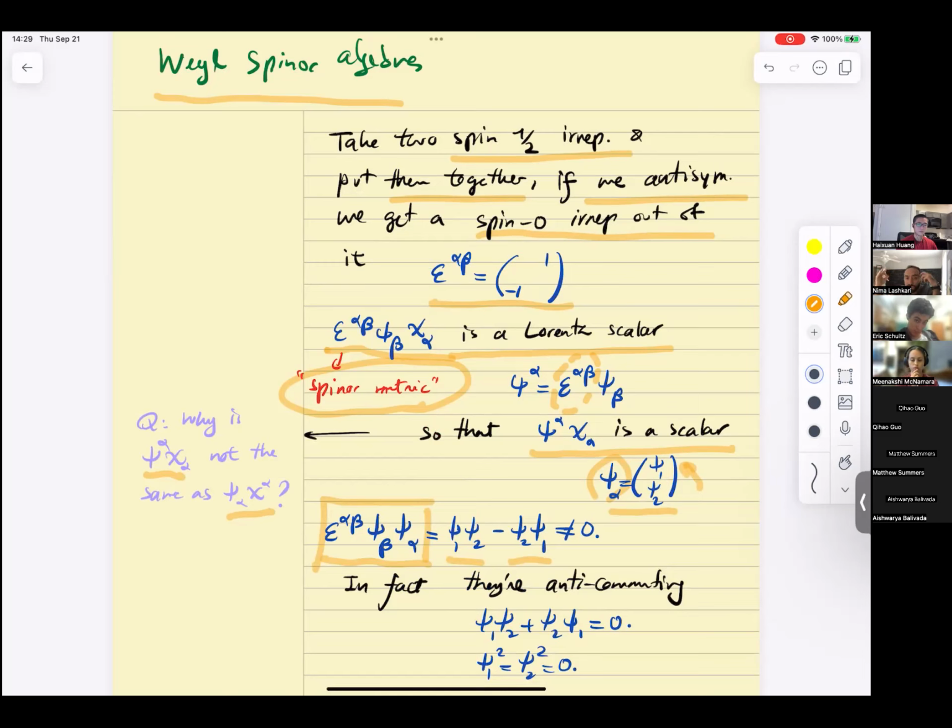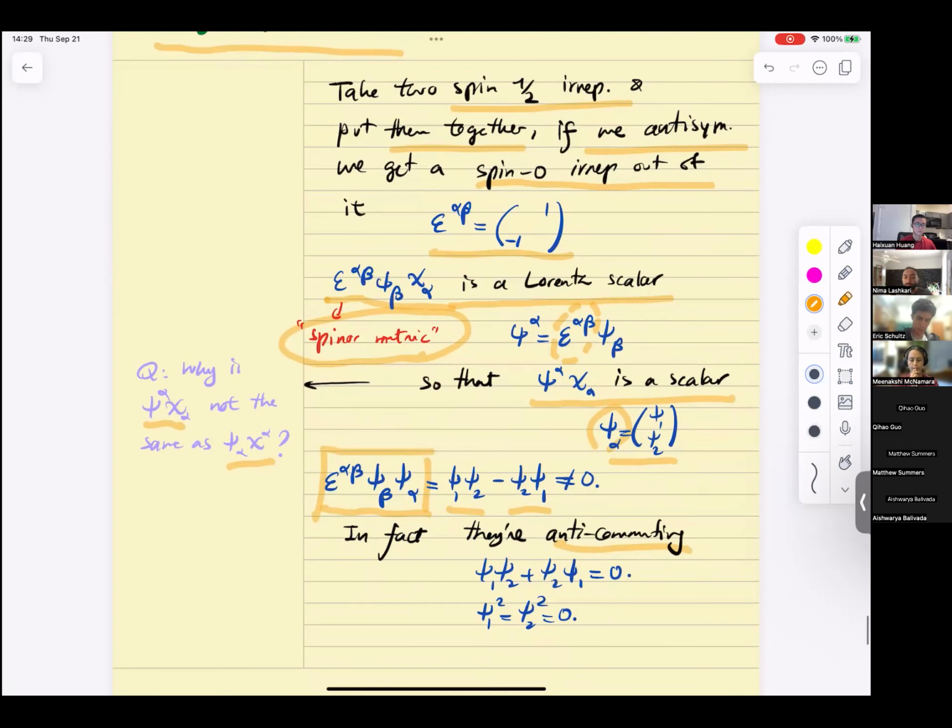But they don't. In fact, if I want to view them outside of the framework of vectors and representations, these are anti-commuting. So psi 1, psi 2 plus psi 2, psi 1 is 0. Actually, psi 1 squared is 0, psi 2 squared is 0. This is the origin of these anti-commutation relations and the Grassmannian picture.